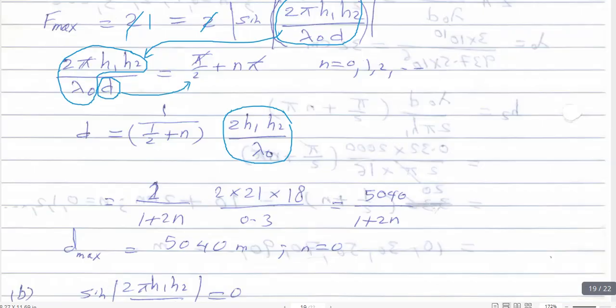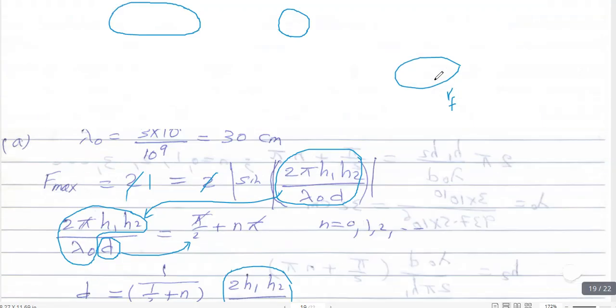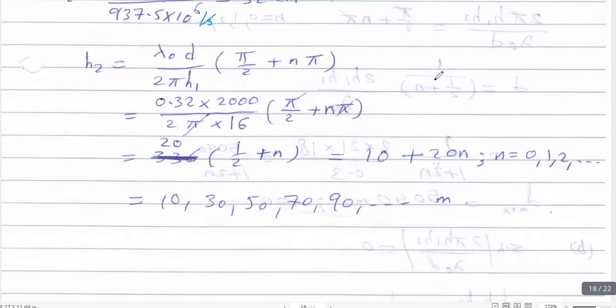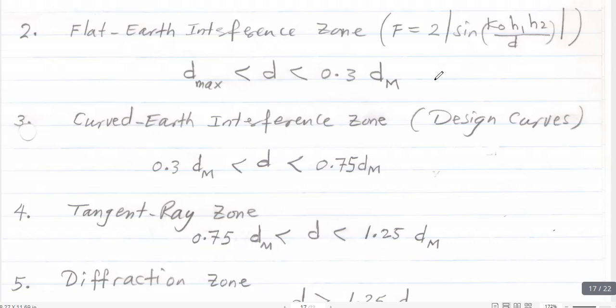The third is taken from here. Flat earth is used when d is greater than d max and less than 0.3 dm. dm is 30 miles. 30 times 0.3 is 9 miles, and our distance is 8.1 miles.